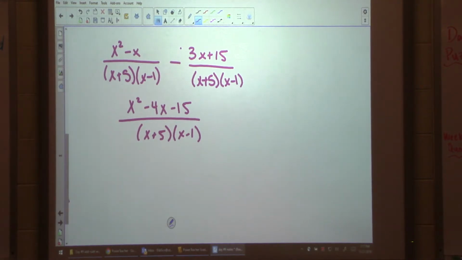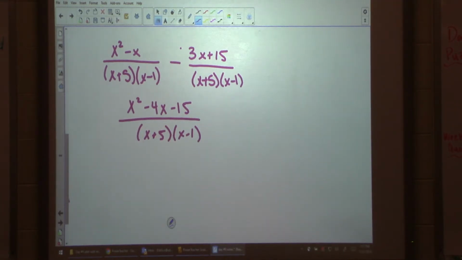Alright. So we need to try and simplify this now. See if you can factor the numerator. You cannot. It is not factorable.